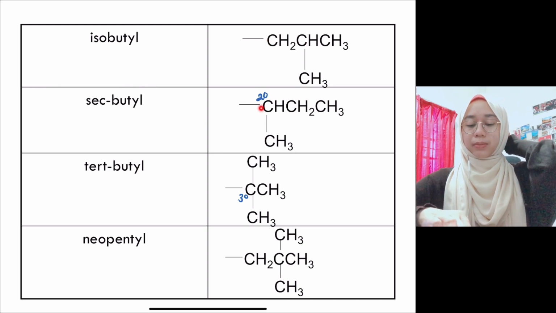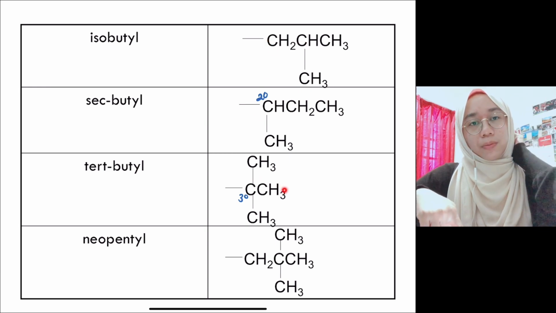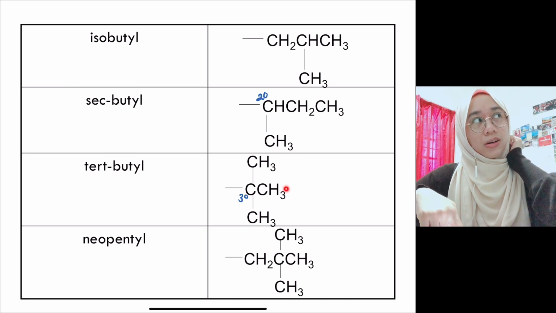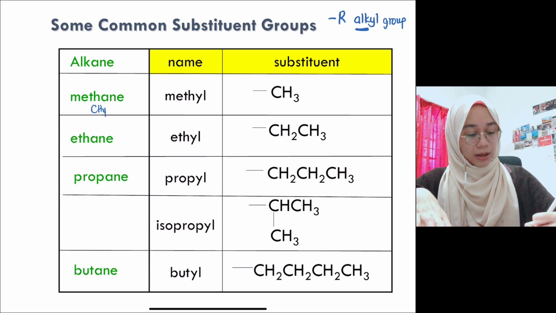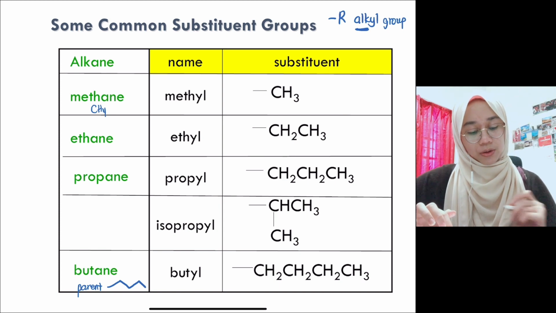Usually kalau Miss akan nampak ni lagi clearly kalau Miss buat dalam bentuk skeletal. So for example yang ni, butane ni, ini parent, and then dia akan attach dengan 1, 2, 3, 4. Okay, so ini rupa dia.